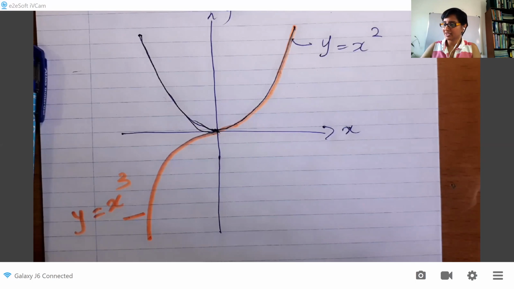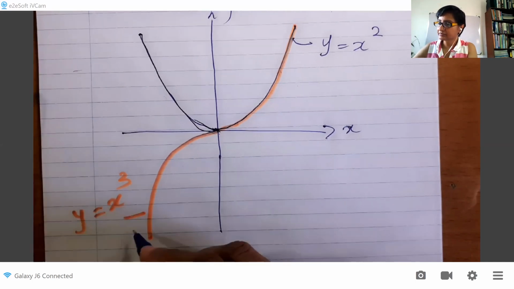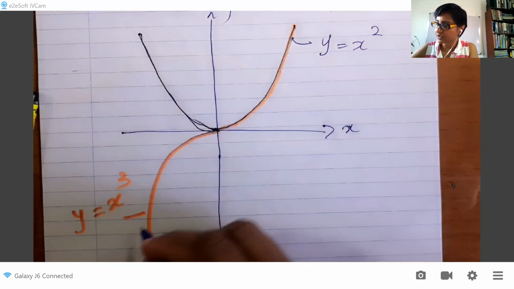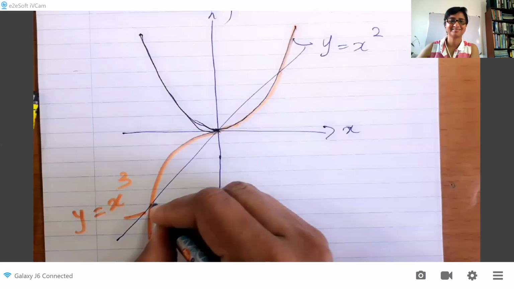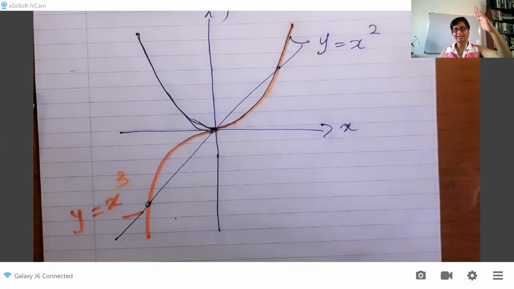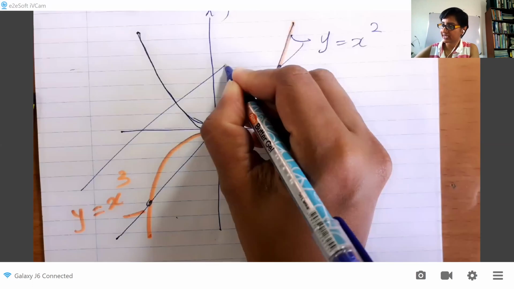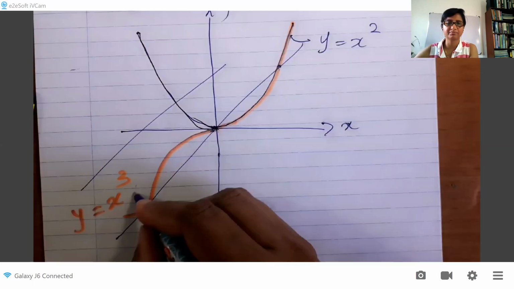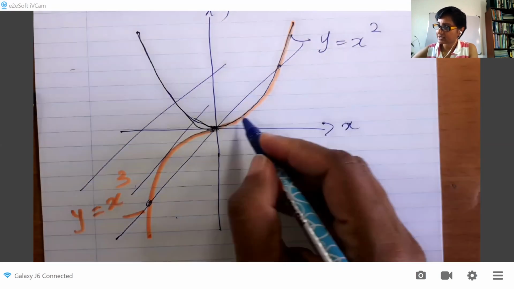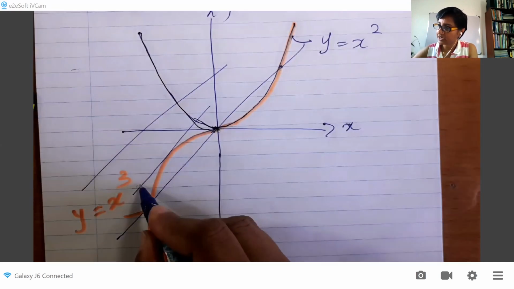Okay, so if you think of a straight line and a graph like that, at most you can have 3 points cutting. If you place a line here, no solutions. If you place a line like that, you can have 1 solution.